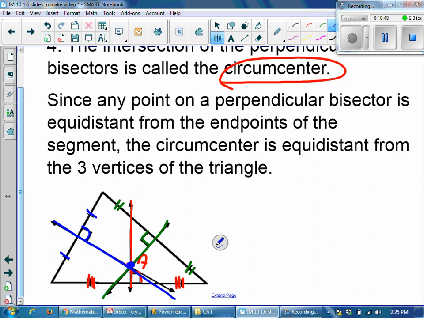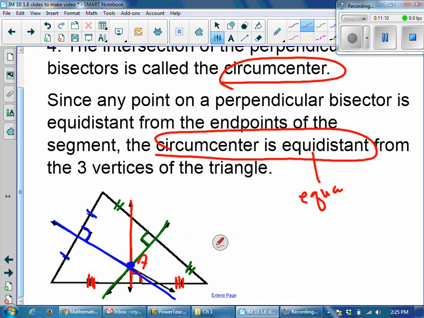Now, we learned that property that any point on this perpendicular bisector would be the same distance away from the endpoints of the segment, or the side that it crosses. So that tells us that the circumcenter would be equidistant from the three vertices of the triangle. Remember, equidistant means equal distance.